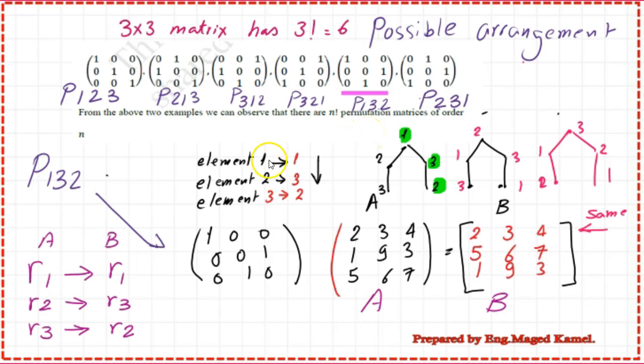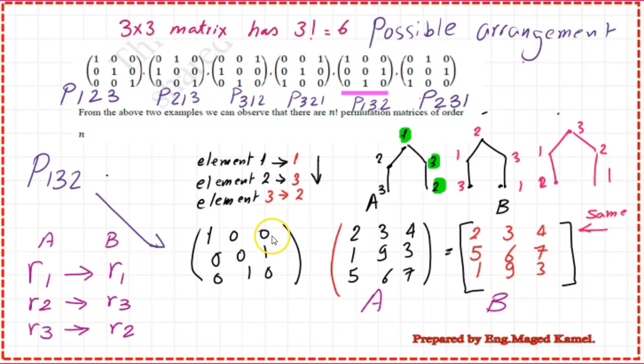B132. Instead of 1 2 3 by arrangement, we have the first row still the same, while the second row will move down and the third row will become as a second row. R1 same, R2 would be changed to R3, and R3 will become in the second row.